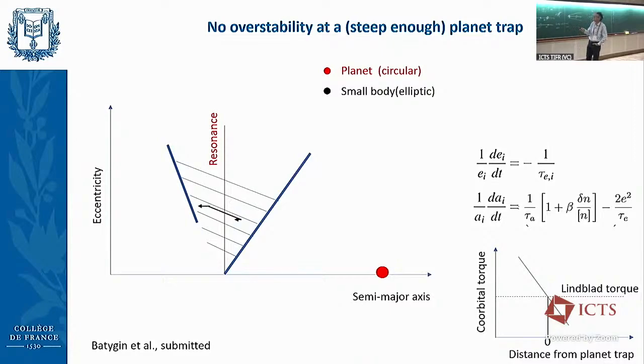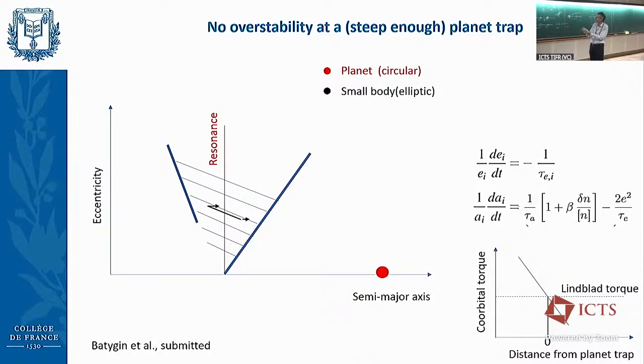So that means that the semi-major axis equations are modified by this term with a strong beta that enhances the positive torque of the semi-major axis as soon as I go away from the nominal location of the trap. And thanks to this term, then these vectors can be changed. So this vector was stronger here because of the higher eccentricity, but we are now inside of the planet trap.